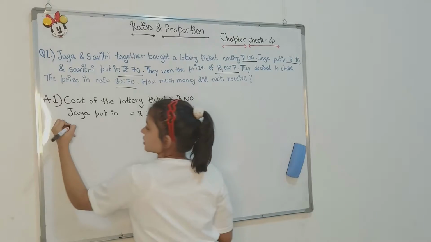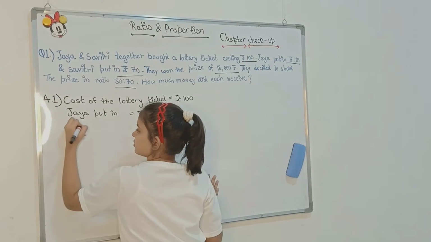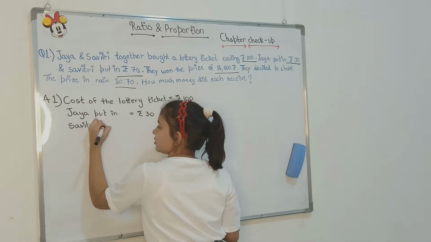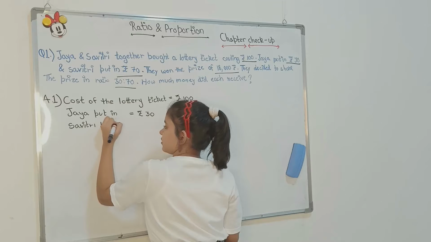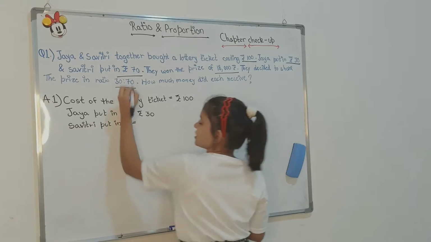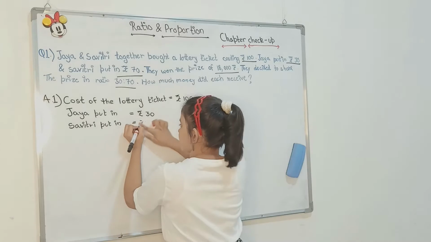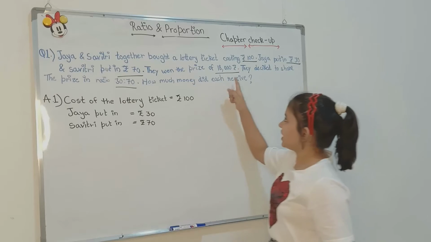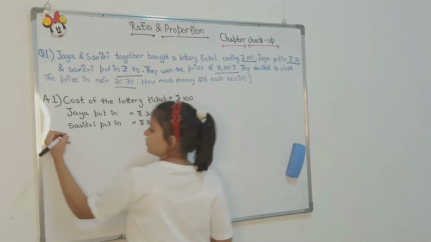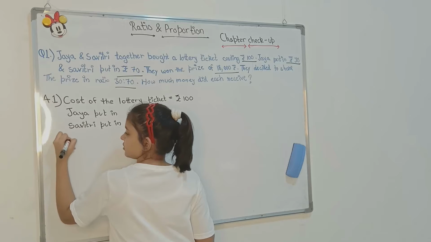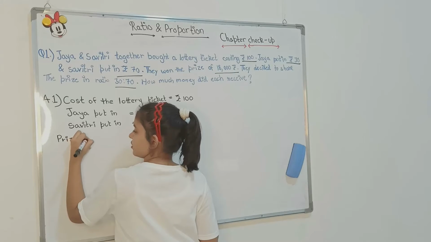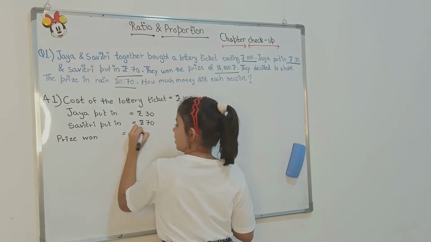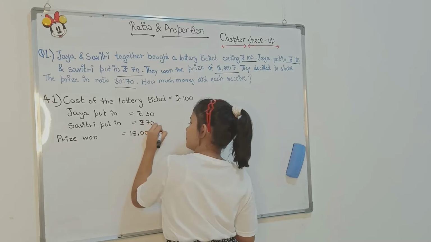Savitri put in is equal to rupees 70. And they won the prize of 18,000 rupees, so prize was 18,000 rupees.